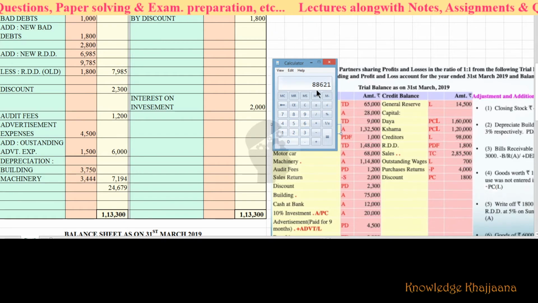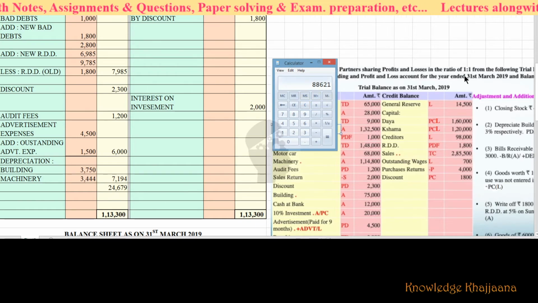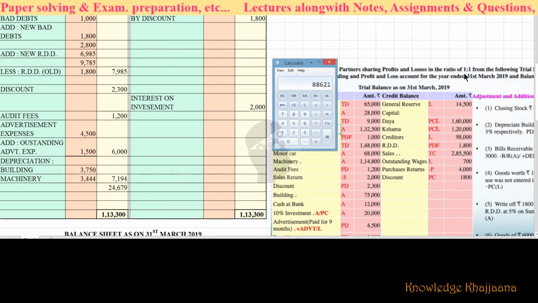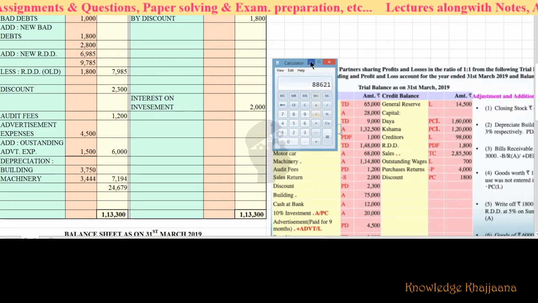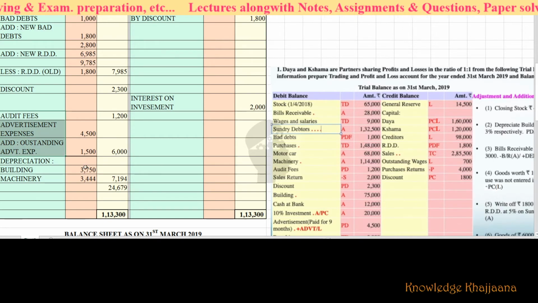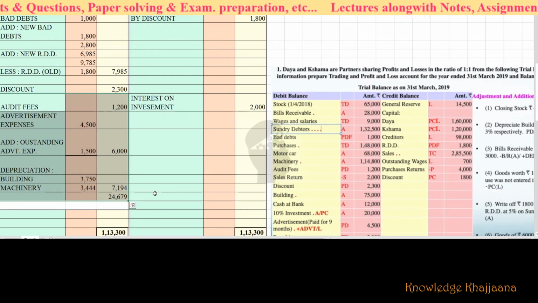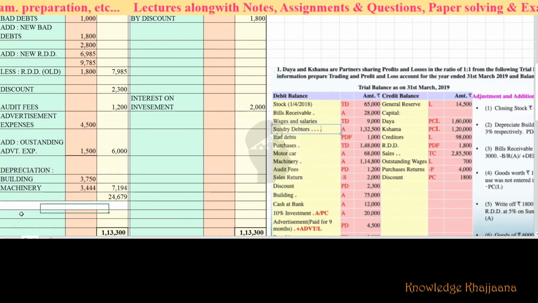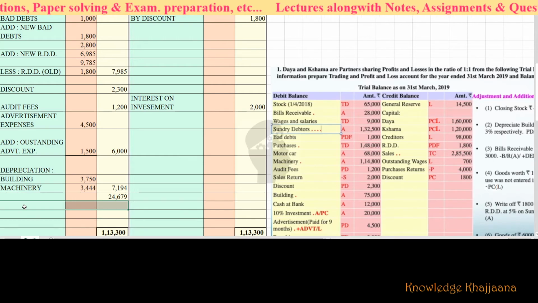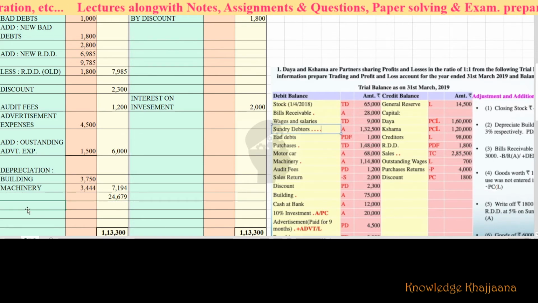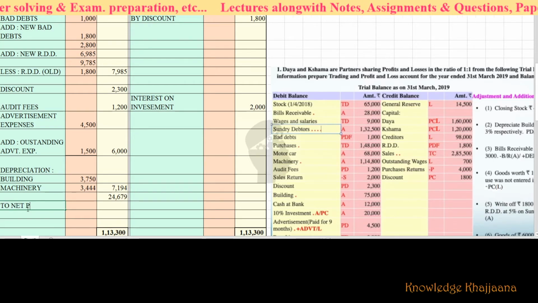Now this is the net profit, but we have to distribute this net profit to Daya and Kshama in the ratio of 1:1, meaning equally. So let's write this first: To net profit.